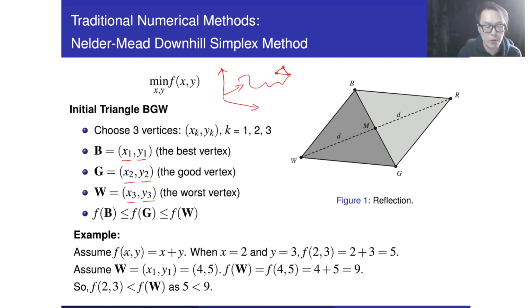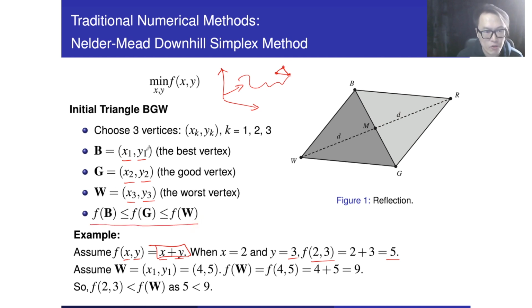For example, when we are given a function with 2 variables, x and y, say the function x plus y, when x is 2 and y is 3, we just plug it into this function and find that the cost is 5. So we are going to evaluate all these x, y values, and then label them and assign b, g, w to these 3 vertices according to this condition.